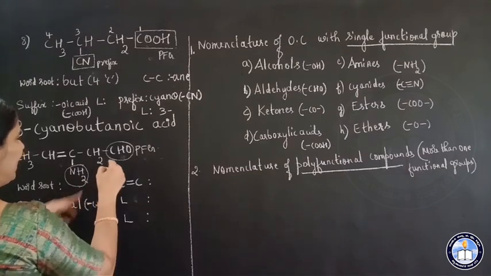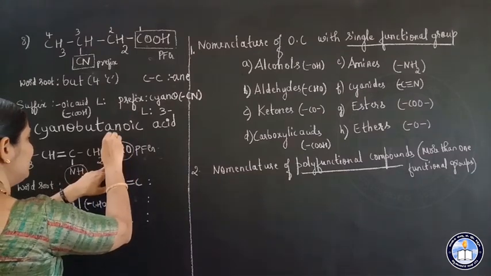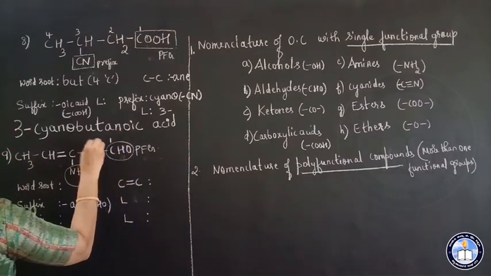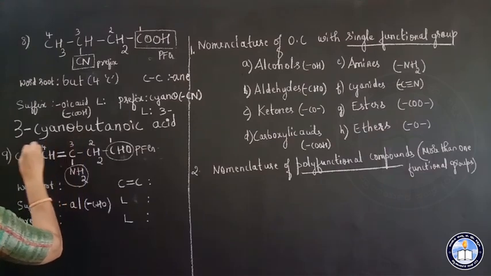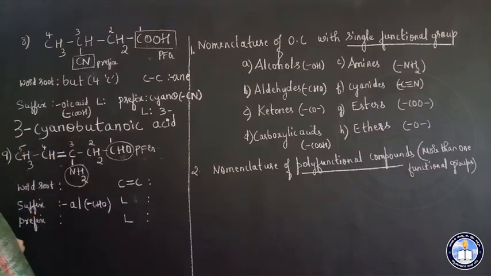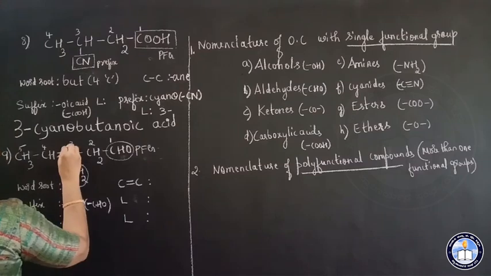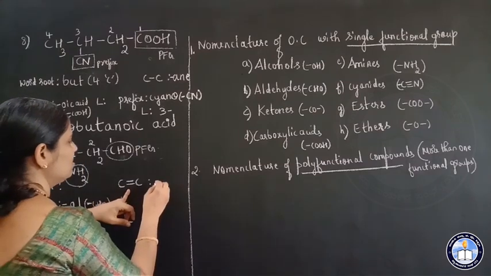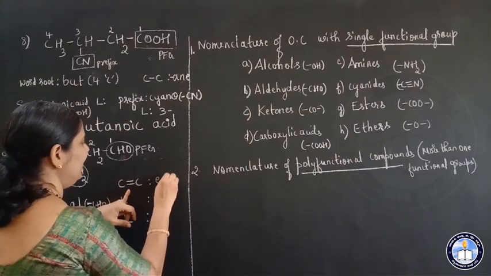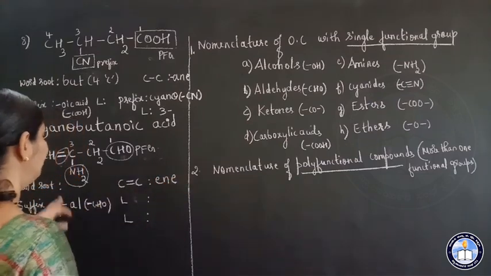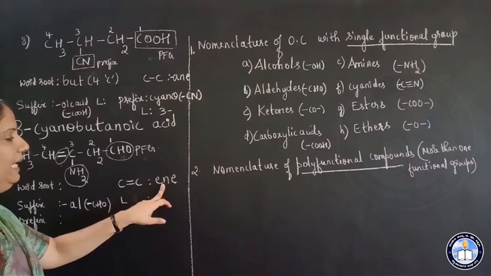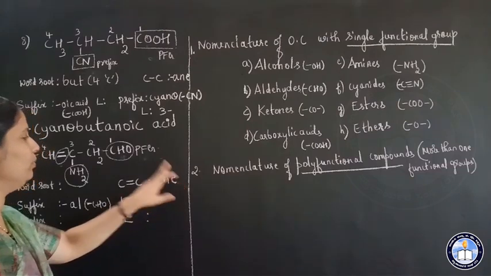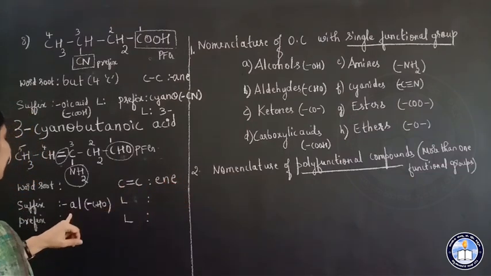So now numbering the parent chain, the carbon atom of CHO should be assigned 1, 2, 3, 4, 5. Right? Now you can see here, carbon-carbon double bond is there, isn't it? So ENE. After word root, you have to write ENE. This E you have to remove and write the AL.